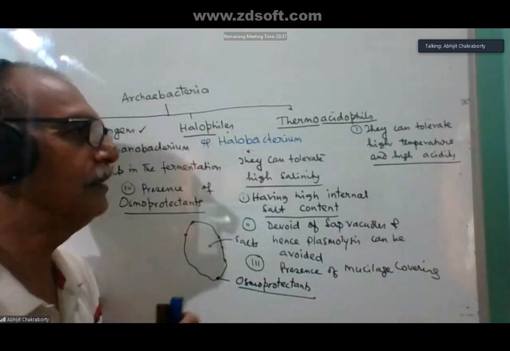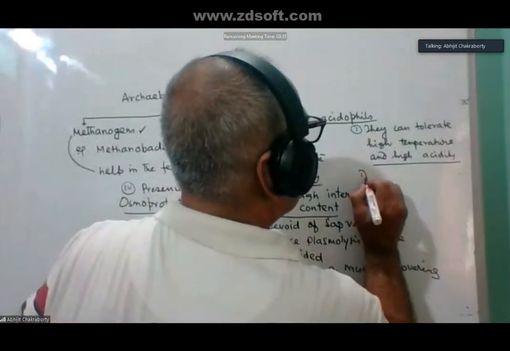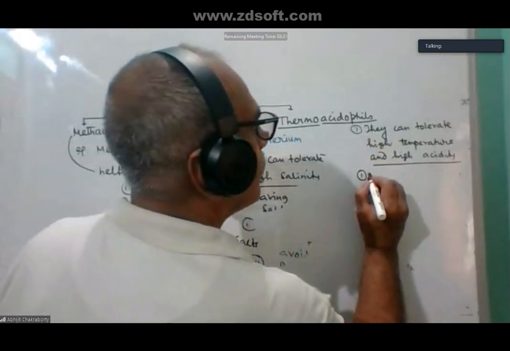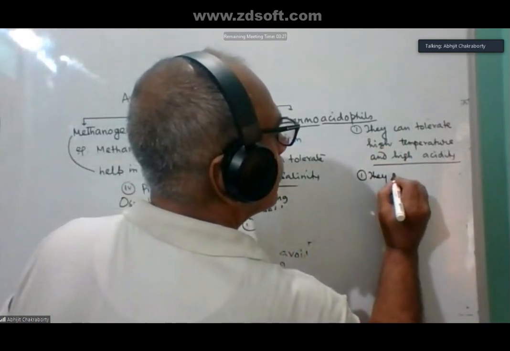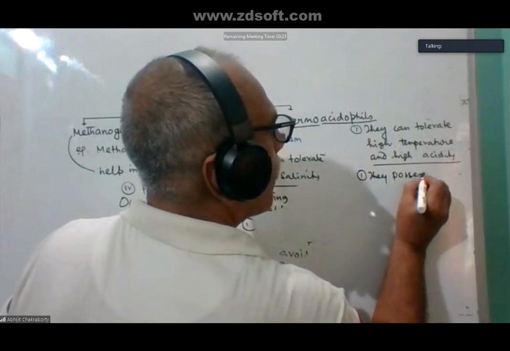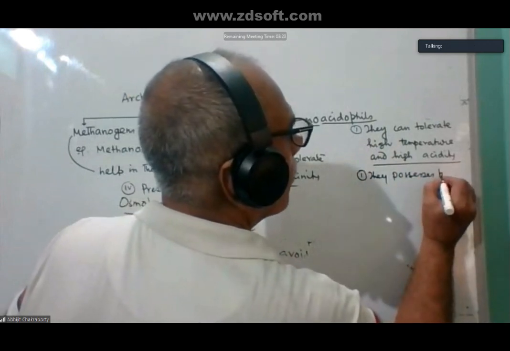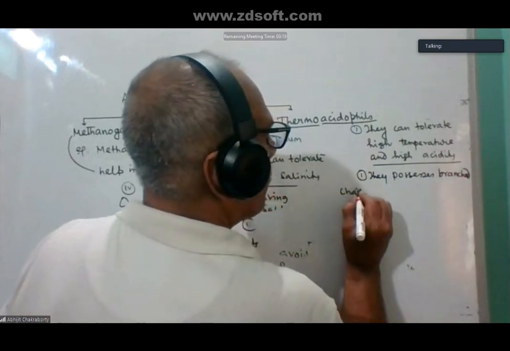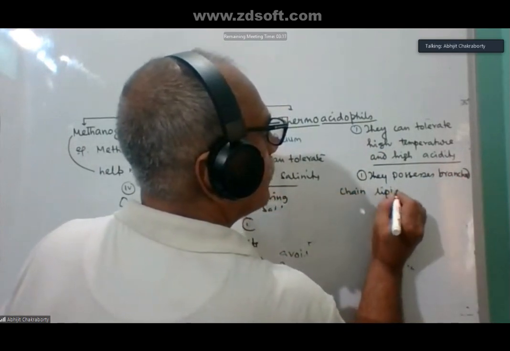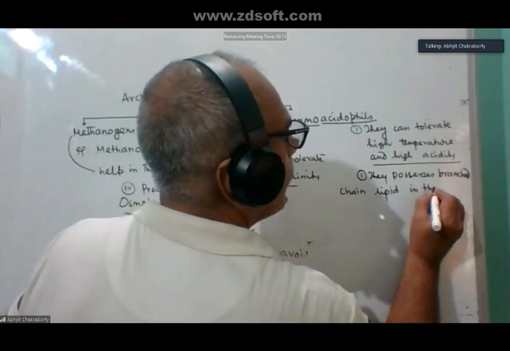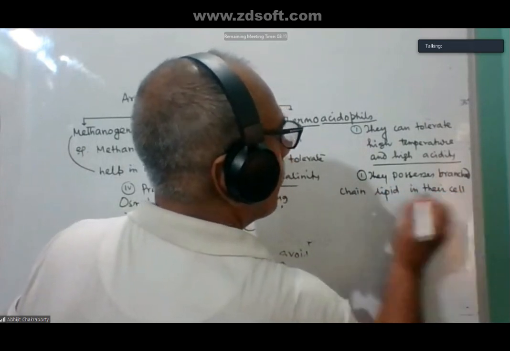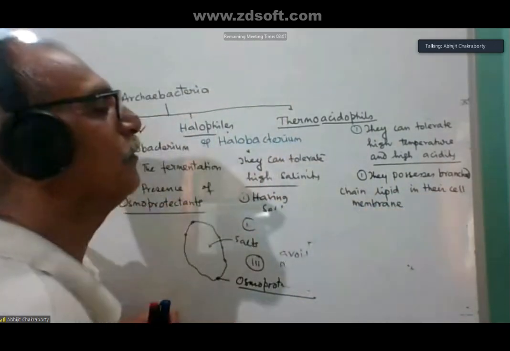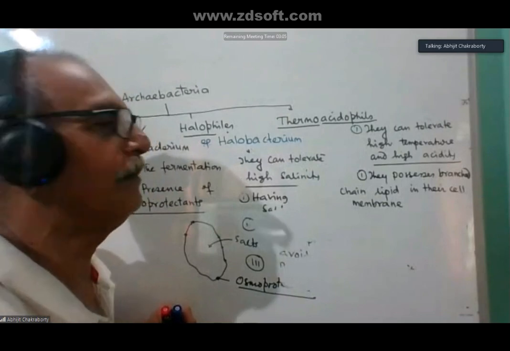One, they possess branched chain lipid in their cell membrane.